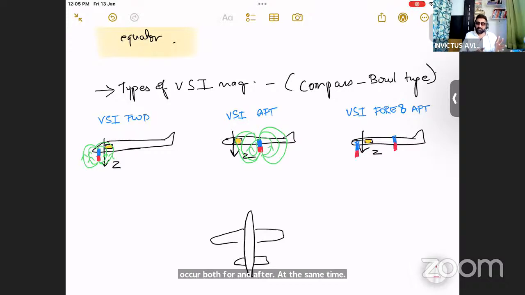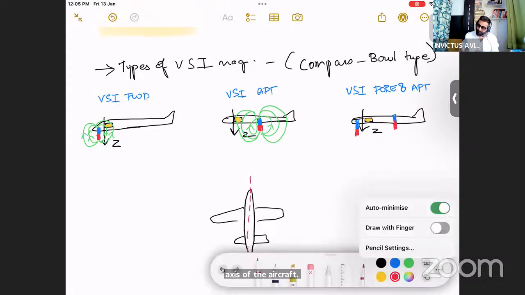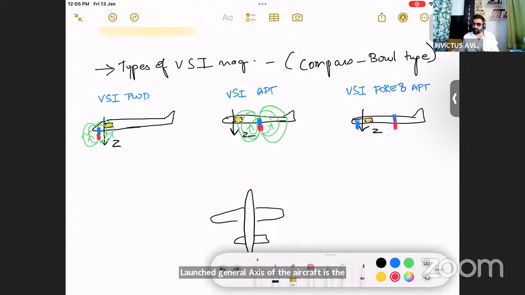Now, this is vertical soft iron. This, I say, is acting anywhere on the longitudinal axis of the aircraft here. The longitudinal axis of the aircraft is the imaginary line passing from the nose of the aircraft to the tail of the aircraft.